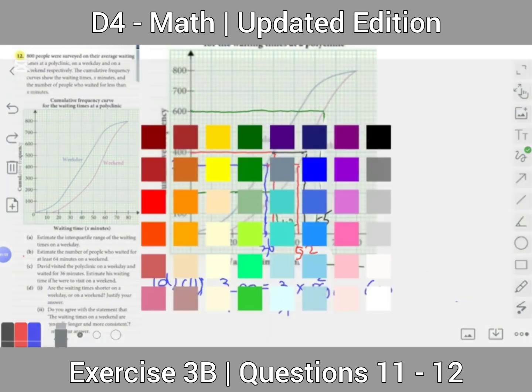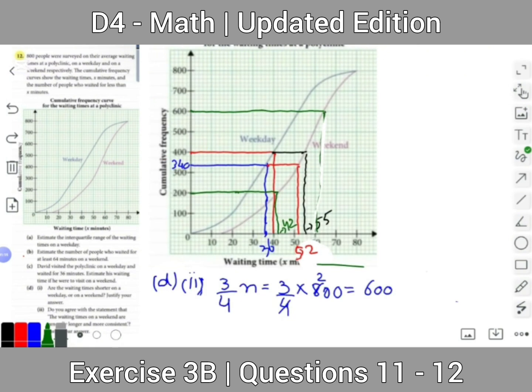From here we have the value approximately 64. So the estimated value of the upper quartile Q3 from the curve representing the weekend is equal to 64.